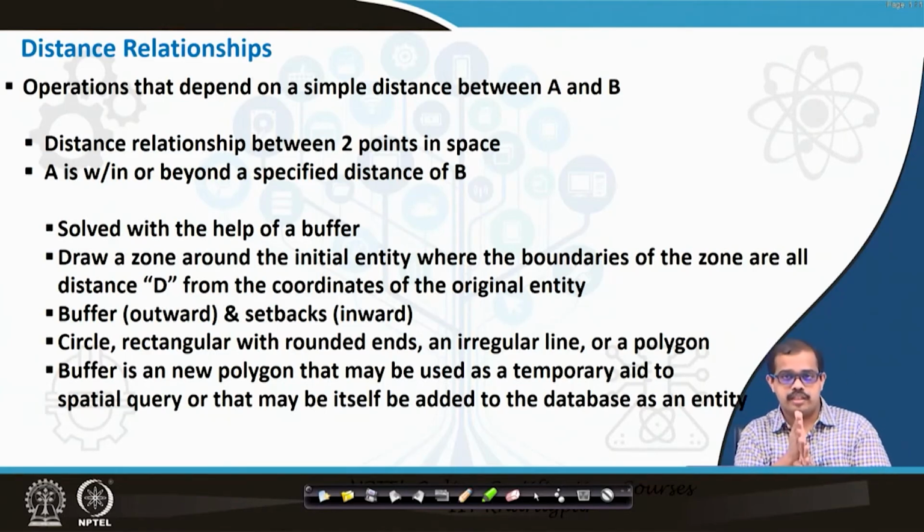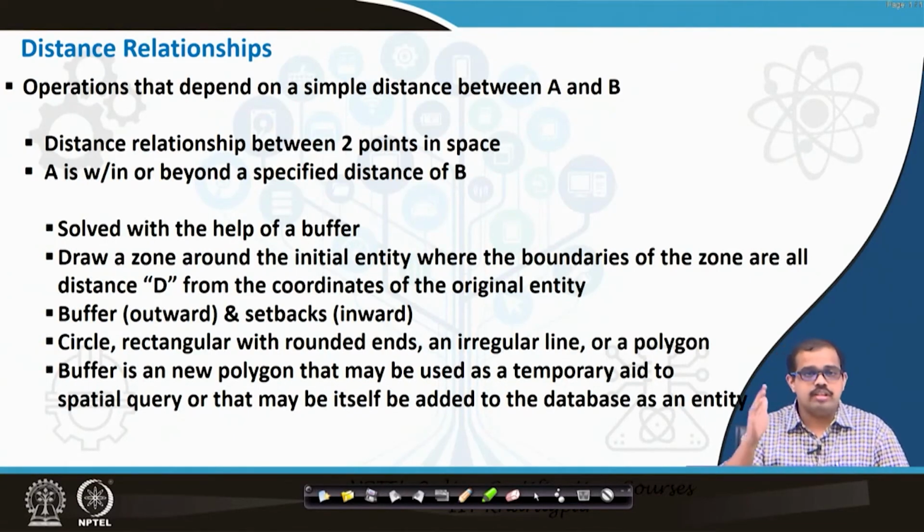When I say buffer outside, that is just outside the entity that you are representing, and buffer inside is the inner part of that entity. If you take a 5 kilometer buffer, 2.5 is the outer part and 2.5 is the inner part. So that you will look at. Then you will look at the circular shape, the rectangle with rounded ends, or irregular lines or a polygon. What kind of polygon can connect these?